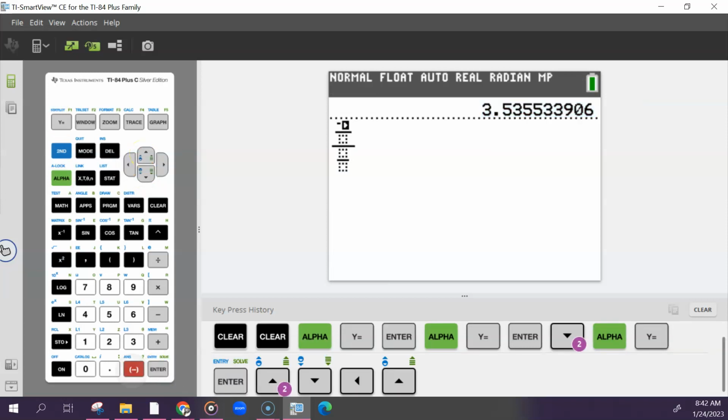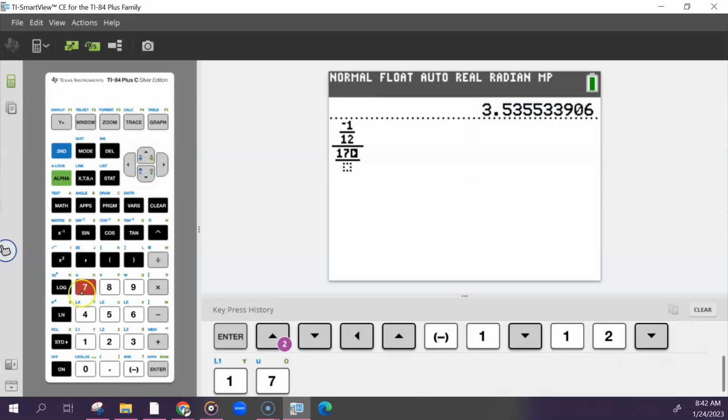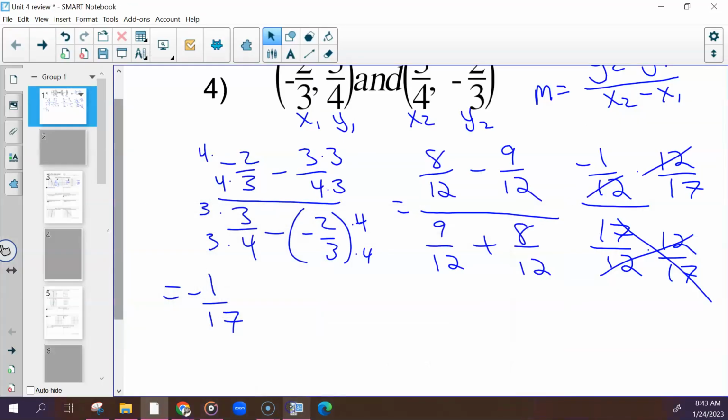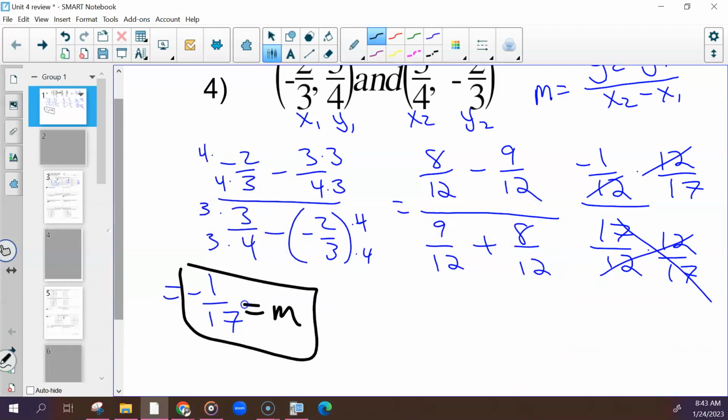And then put in negative 1 over 12 and 17 over 12. Negative 1/17 was our answer, so that is correct. Make sure you're putting equals m or m equals. Questions on that one?